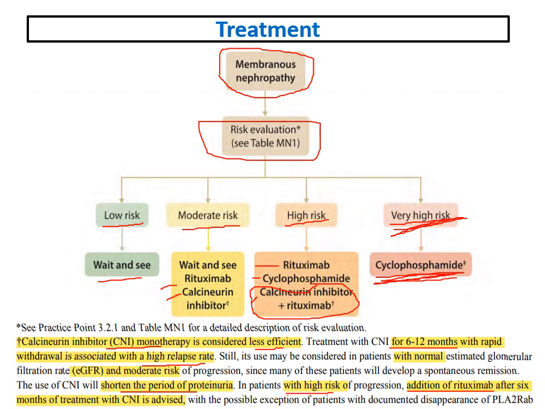This will augment the response. Again: low risk, wait and see; moderate risk, rituximab or CNI; high risk, rituximab, cyclophosphamide, or CNI and rituximab. In very high risk patients, cyclophosphamide.